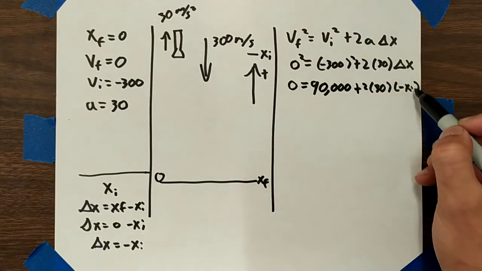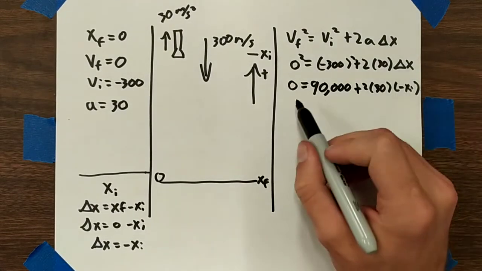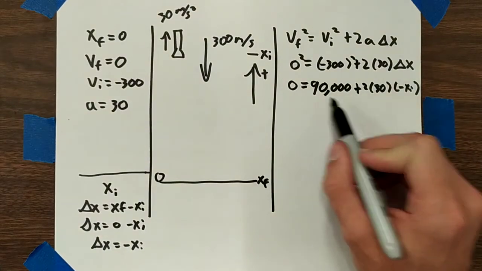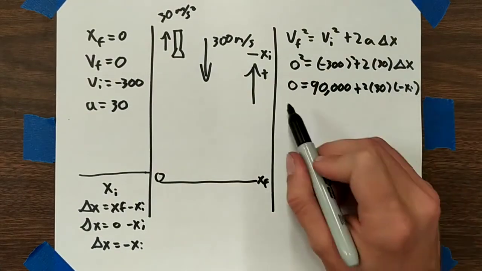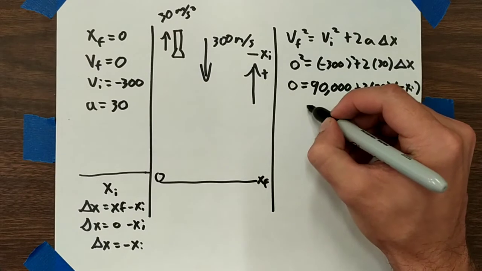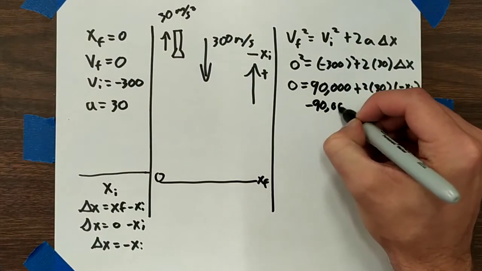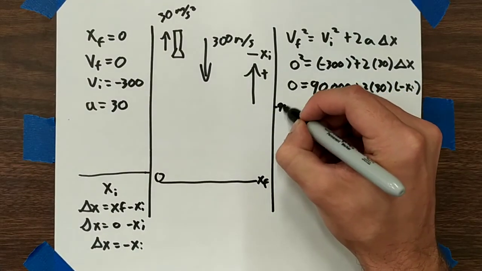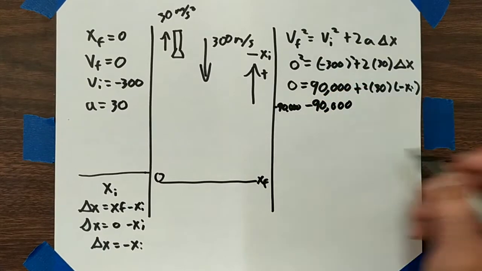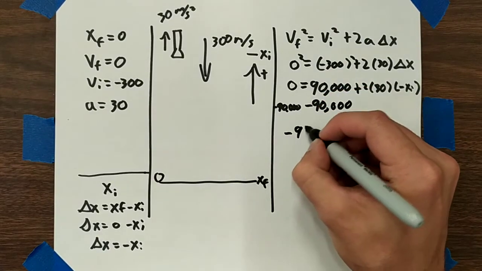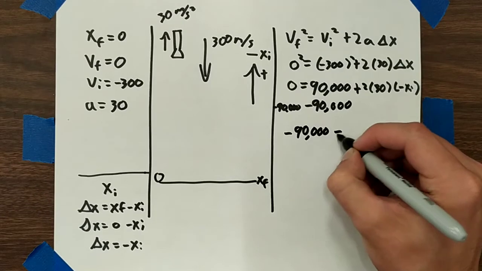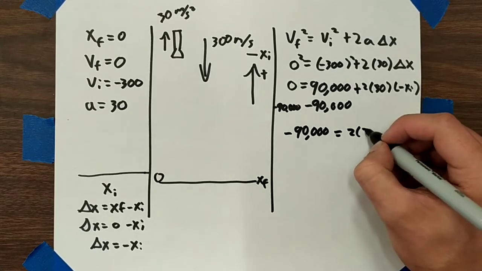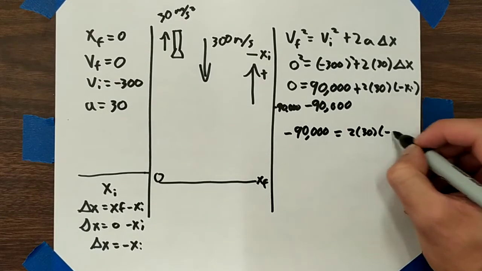So now I'm trying to get xi all by itself. I've got a 90,000 on this side and a 2 times 30 on this side, so I've got to get rid of both of these. I'll start with the addition. So I'll just subtract 90,000 from both sides. So I end up with negative 90,000 is equal to 2 times 30 times negative xi.